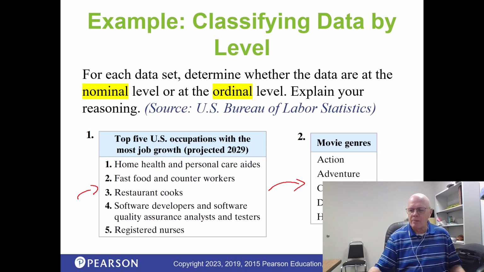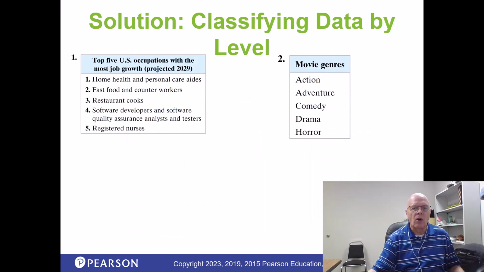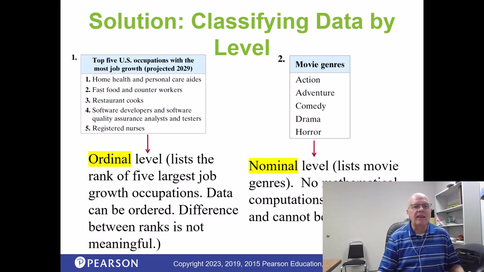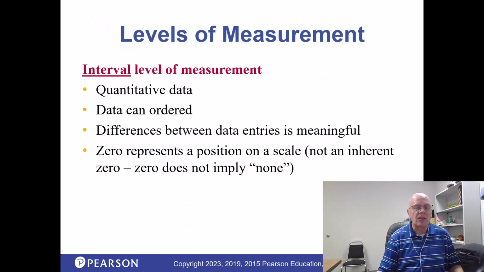Next, remember, N, O, I, R. We've already talked about the nominal and the ordinal. Now we talk about the interval level of measurement. Again, these will be numbers, definitely. And we can do some things with those numbers.